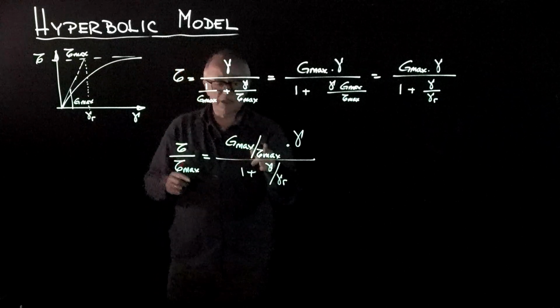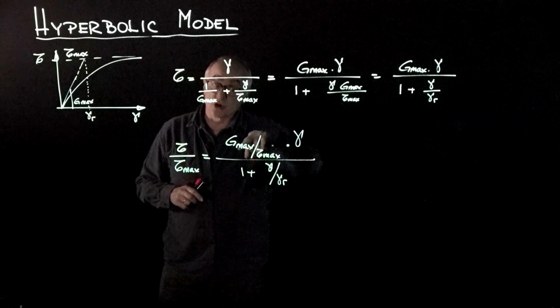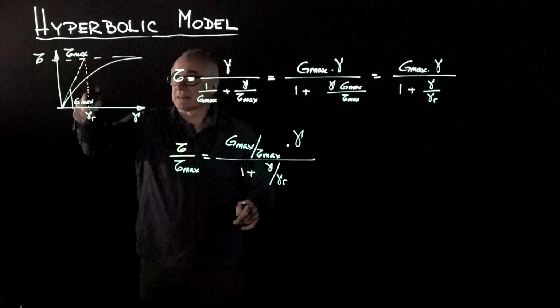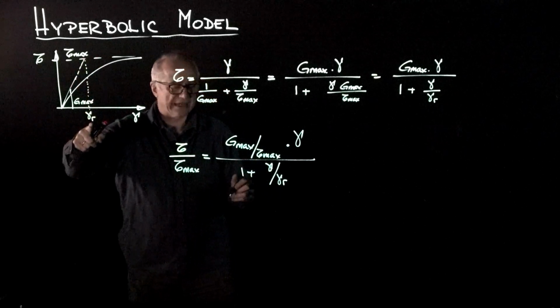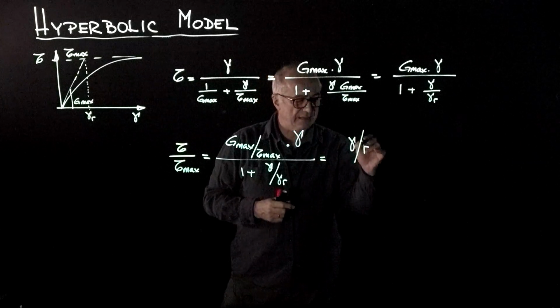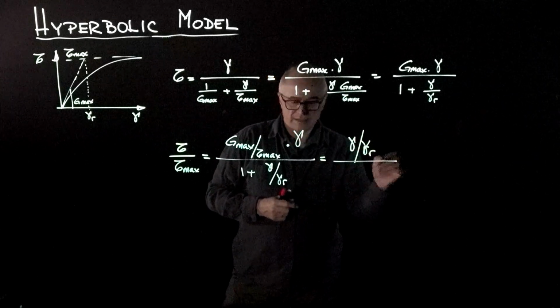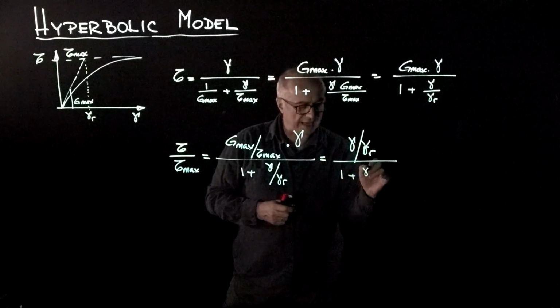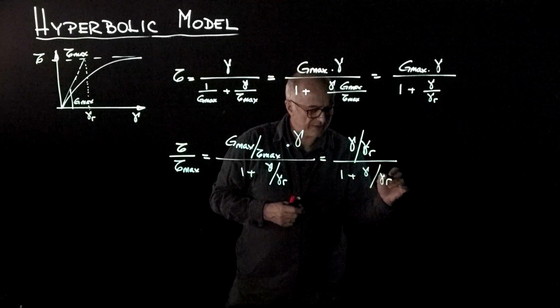Now, Gmax over tau max, or the inverse, tau max divided by Gmax, is gamma reference. So this is equal to gamma over gamma reference divided by 1 plus gamma over gamma reference.